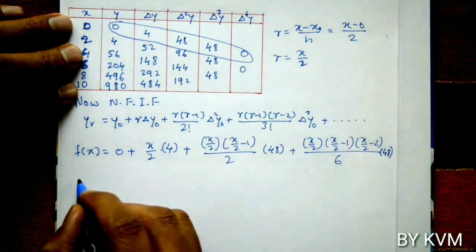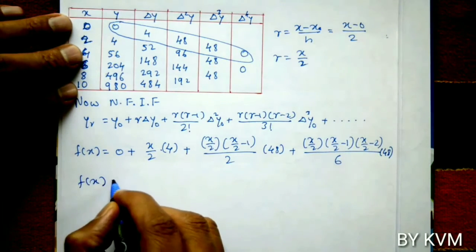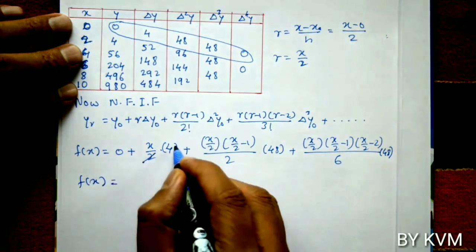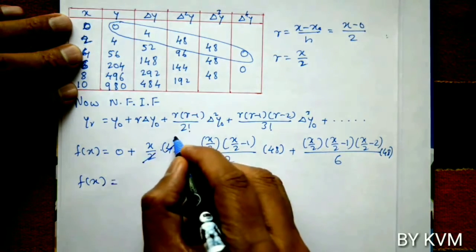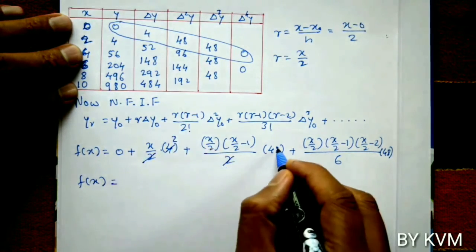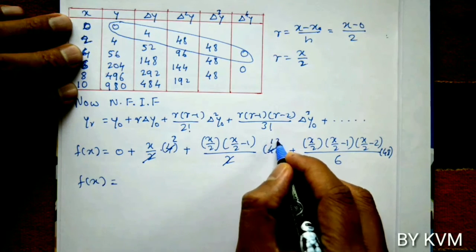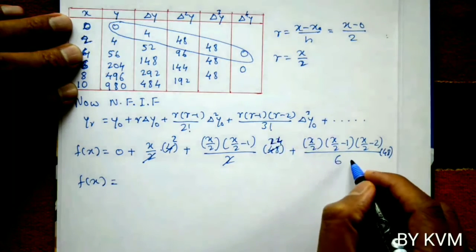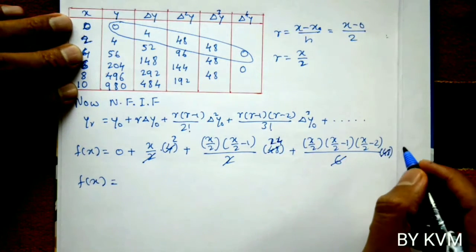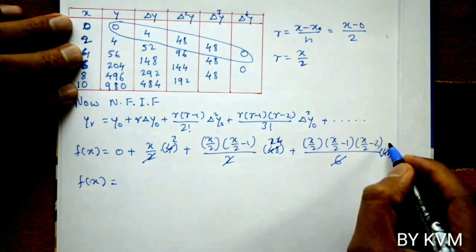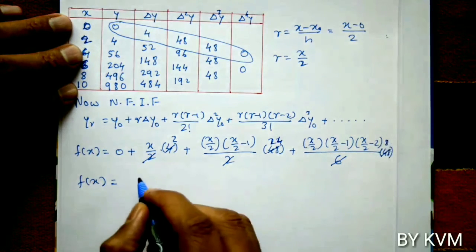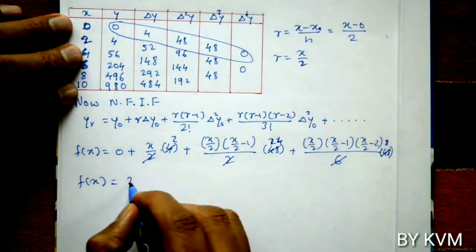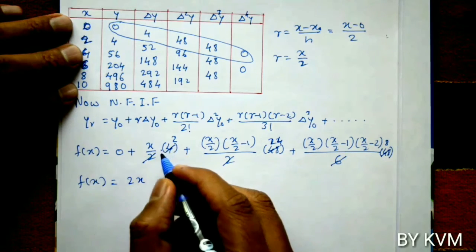Now simplify the equation to get it in terms of x. So f of x equals x by 2 into 4, so 2 into 2 is 4. Then 48 by 2 is 24, and 48 by 6 is 8. Then rewrite the equation to simplify further.